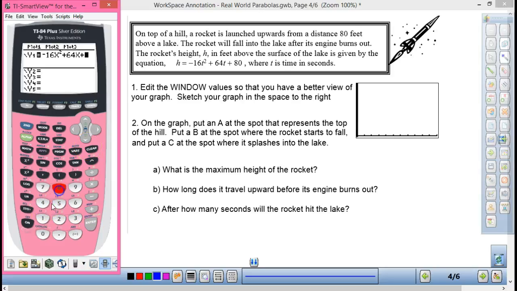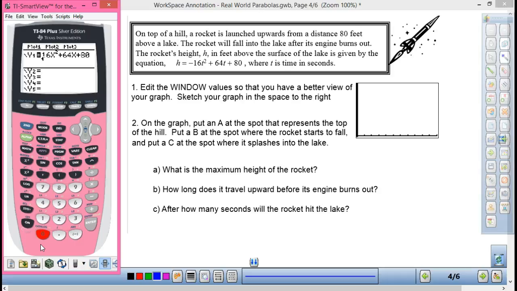How come I keep seeing this negative 16? Almost every problem that we've had has been negative 16 in front of my t squared. Anybody know what that symbolizes? It has to do with the parabola, yeah, and the fact that it opens down.